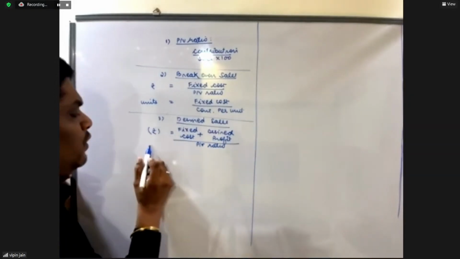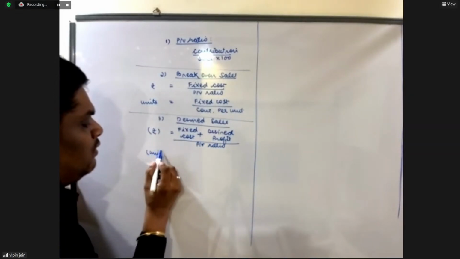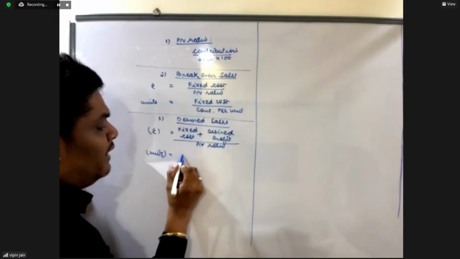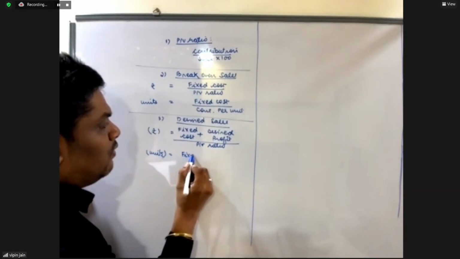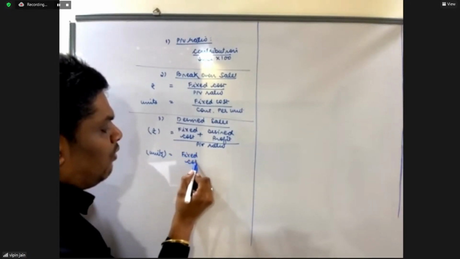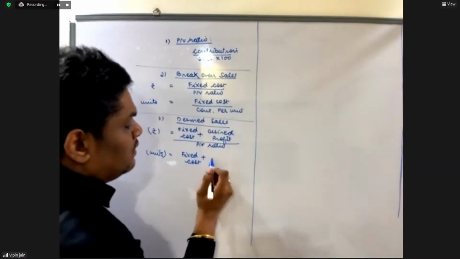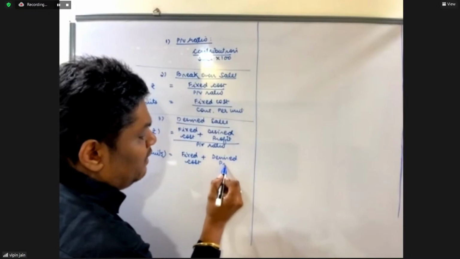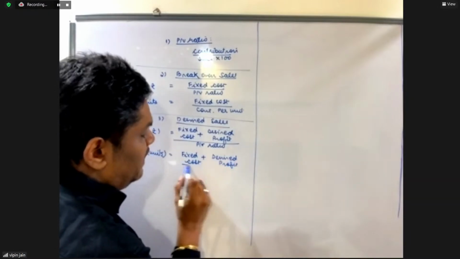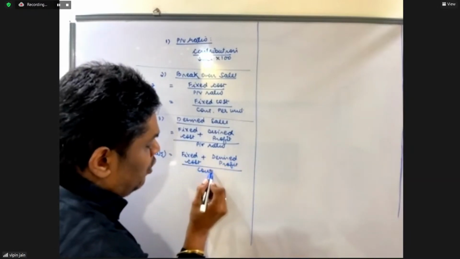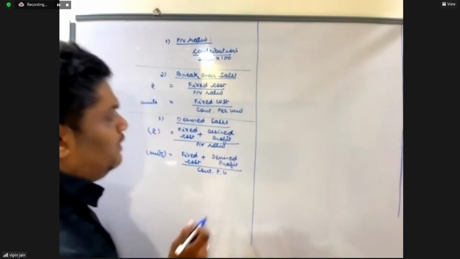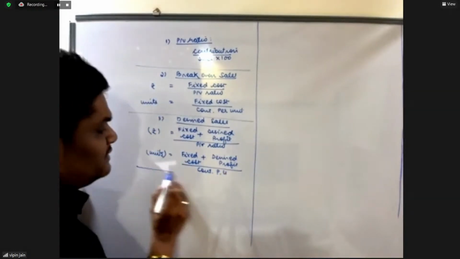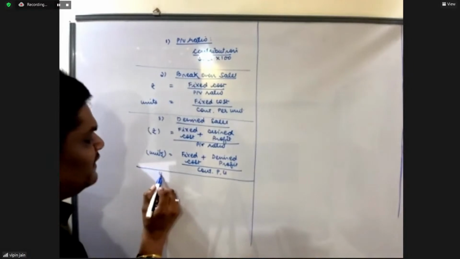If you want to calculate it in units, it is fixed cost plus desired profit divided by contribution per unit. Further, we discussed margin of safety.